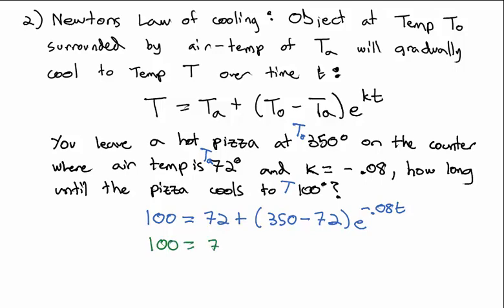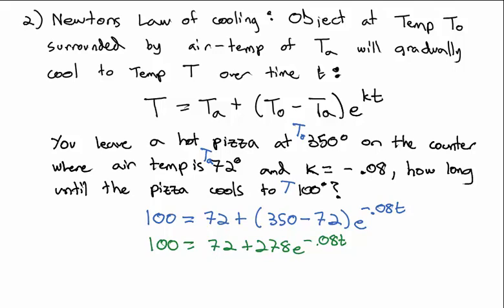Simplifying what's in the parentheses, 100 equals 72 plus 350 minus 72 is 278, e to the negative 0.08 t. What we're solving for again is in the exponent.